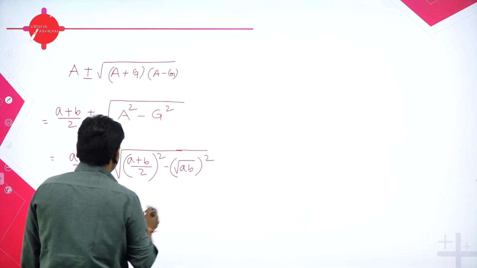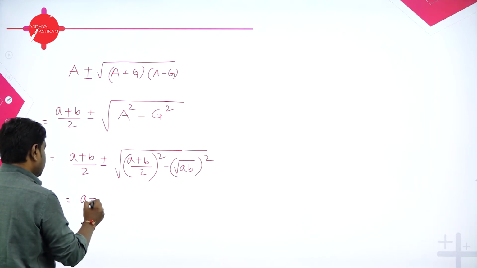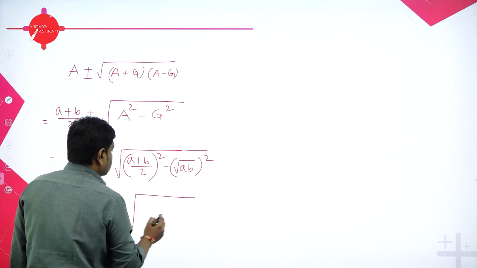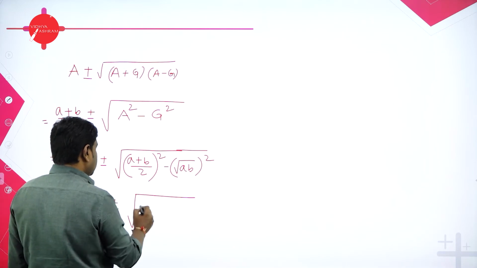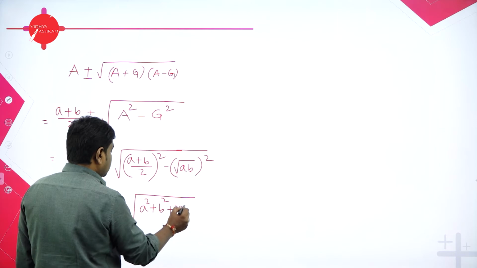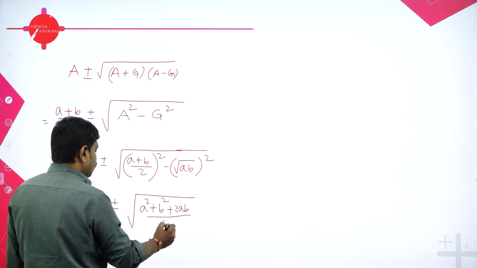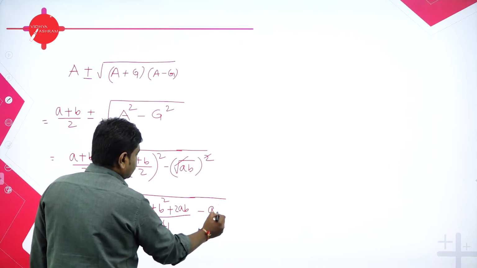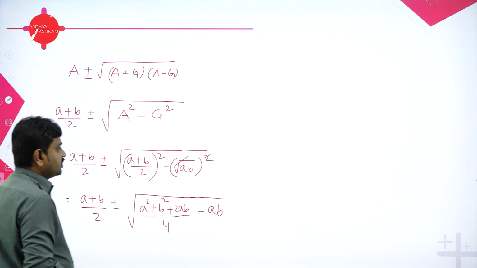Now simplify this. That is (a plus b) by 2 plus or minus root of (a plus b) the whole square, which all of you know is a square plus b square plus 2ab, with denominator 2 square, which is 4, minus (root ab) the whole square. Square root cancels, it will be ab. Now simplify RHS.